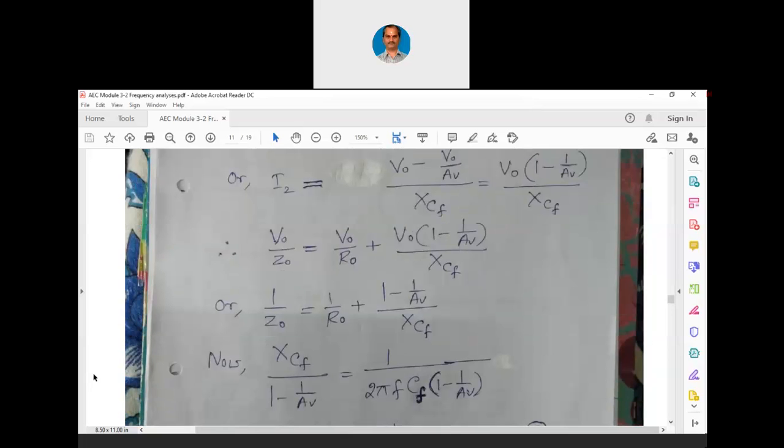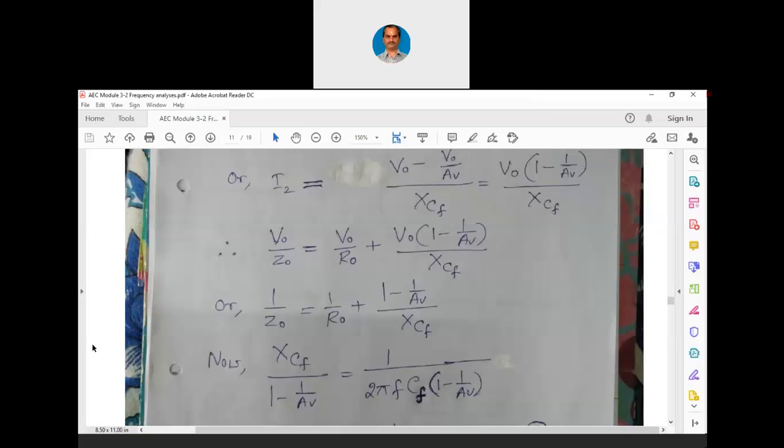Because V0 is common everywhere, we can write it as 1 over Z0 equals 1 over R0 plus 1 minus 1 by AV divided by XCF. Now let us have a separate term for this right hand side, 1 minus 1 by AV by XCF. Let us write it in this manner. XCF by 1 minus 1 by AV, we know already XCF is 1 over 2 pi f into CF.